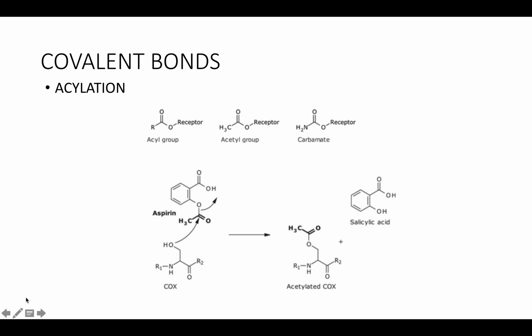Acylation is another process that we can take advantage of in drug design and development. So acylation is going to occur again when you have a nucleophilic atom on the receptor, and then on the biological target you have either an ester, a lactone, anything that contains an acyl group, really.